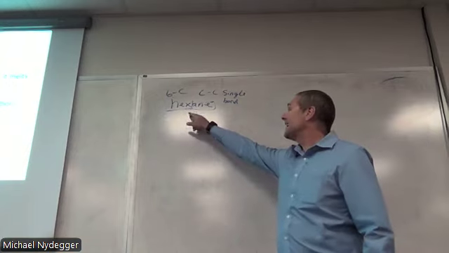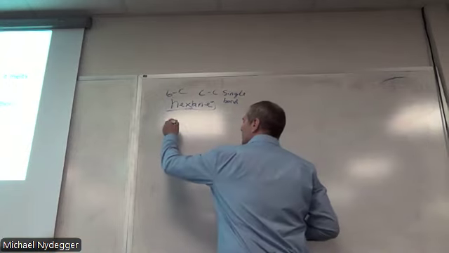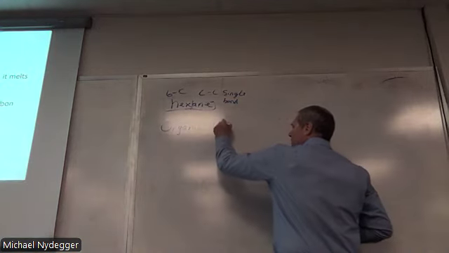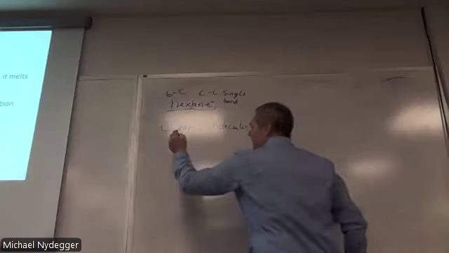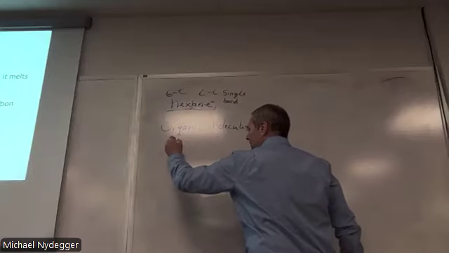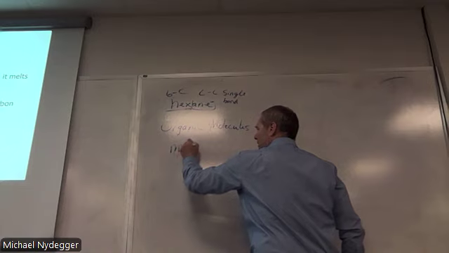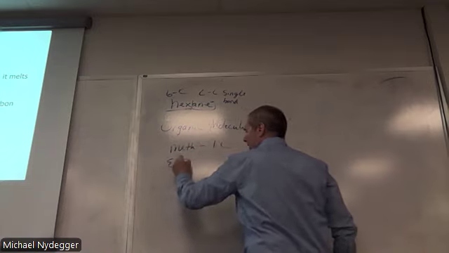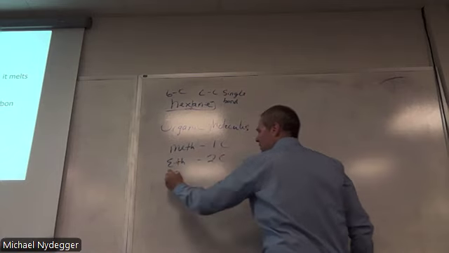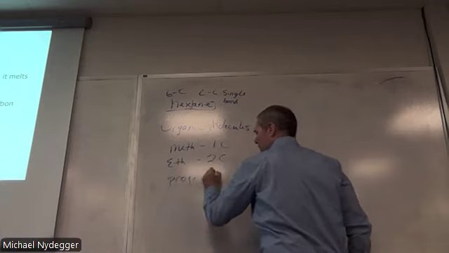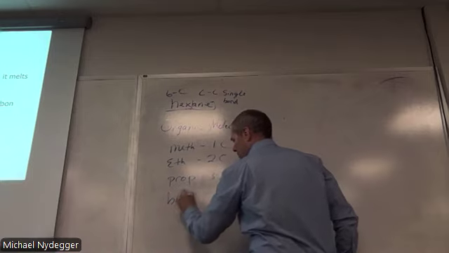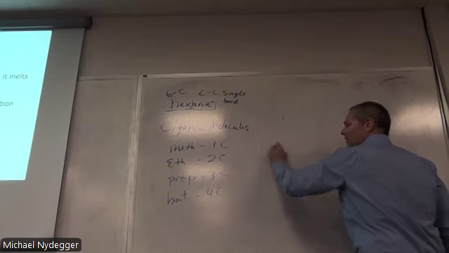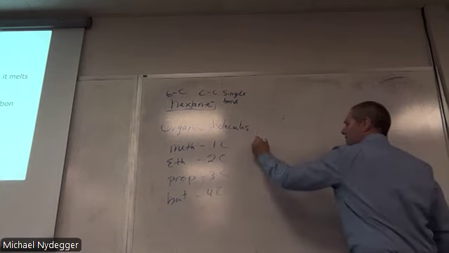But anyway, hexane means it's 6. So for organic molecules, meth is 1 carbon. Eth is 2 carbons. Prop is 3 carbons. But is 4 carbons. Pent is 5.